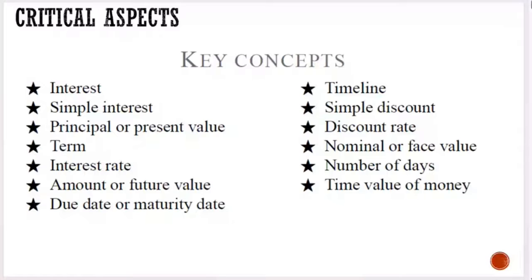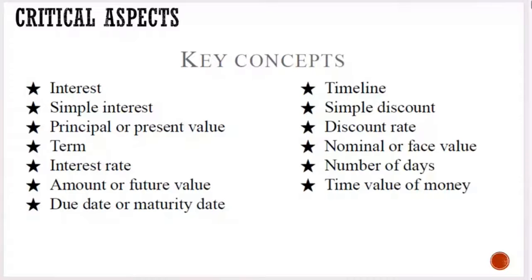Okay, and now you need to know what is the principal or the present value, the term, interest rate. Okay, so there's a simple interest and there's an interest rate. Those are two different things. Make sure, when you are answering the questions, you are able to read what the question is asking you to do. Is it asking you to calculate the simple interest, or is it asking you to calculate the interest rate?